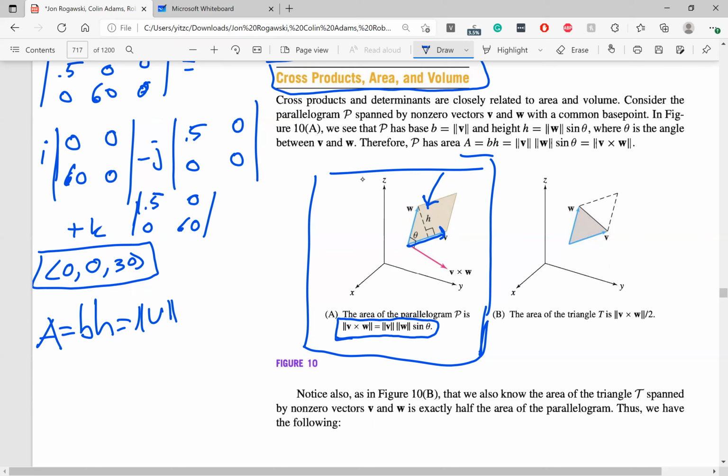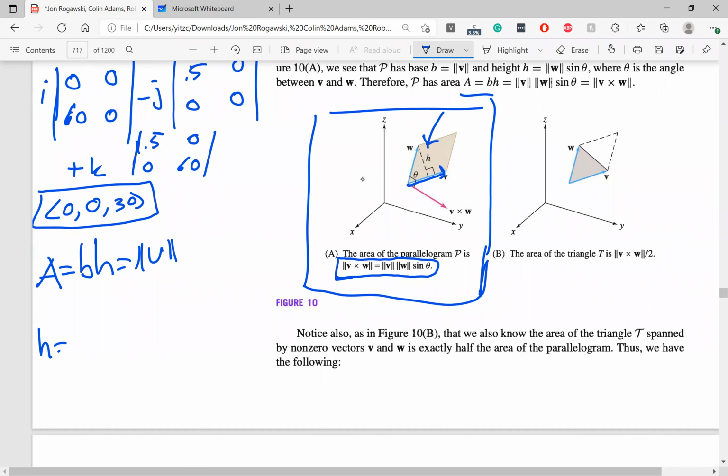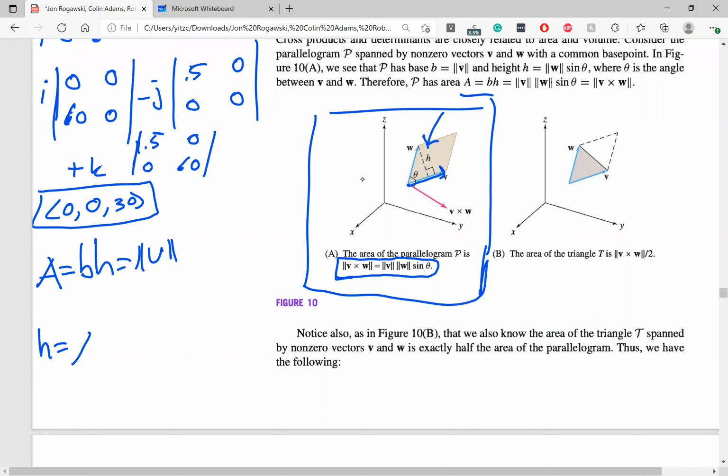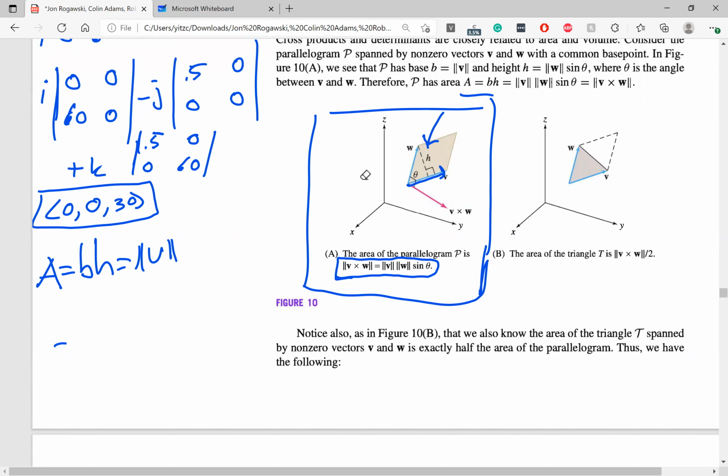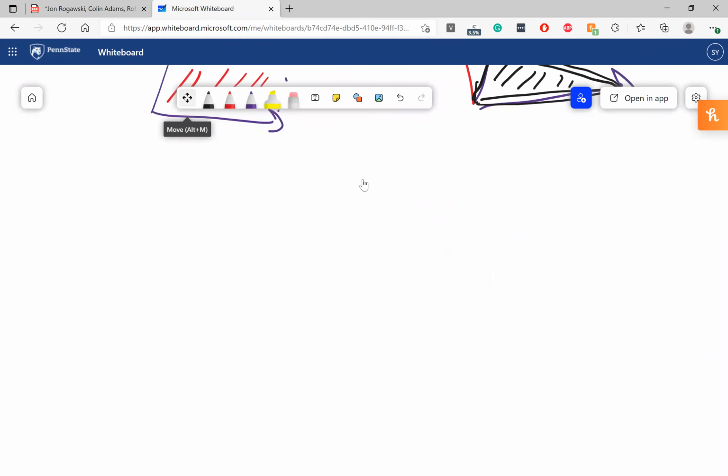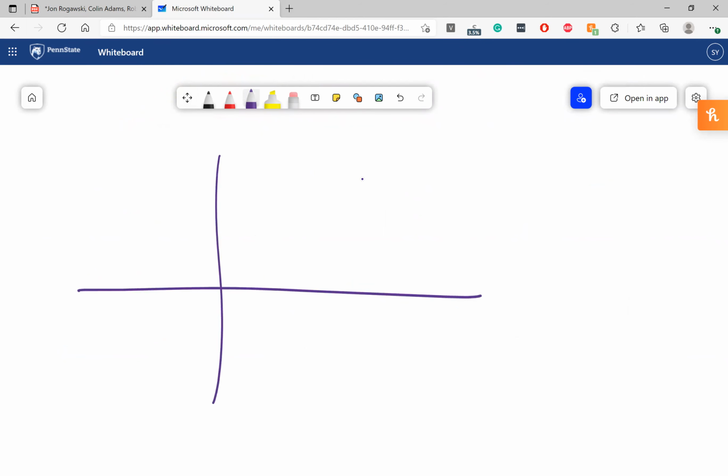Now your height is the same as y, if you can imagine putting your parallelogram in the xy coordinate plane. So now your v is here. Here's your parallelogram. This is your w. Your height is y. This is y, that's your height right over here, the y component of w.